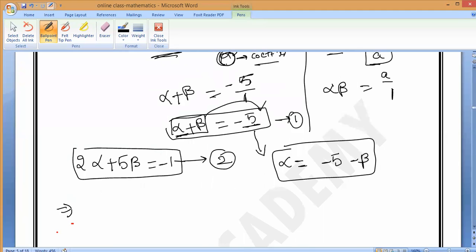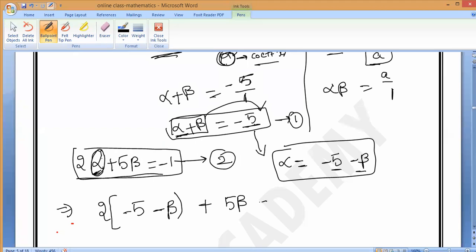The second equation is 2 alpha plus 5 beta equal to -1. In place of alpha, we substitute -5 minus beta. Do you understand? Any doubt? 2 into alpha, alpha is -5 minus beta, next plus 5 beta as it is, which is equal to -1.